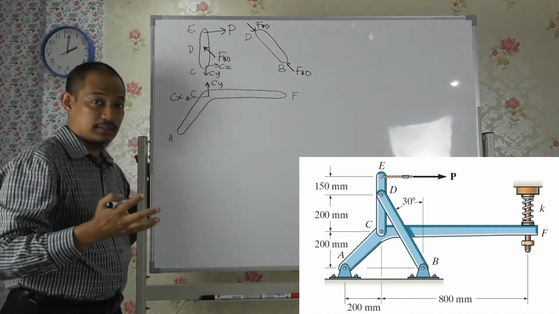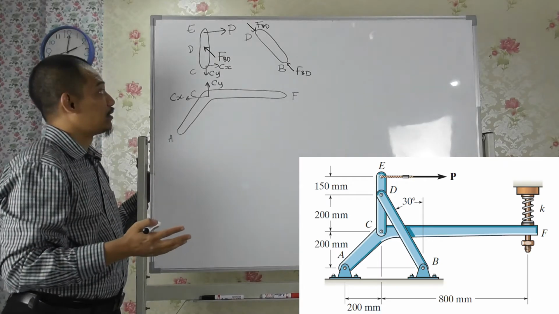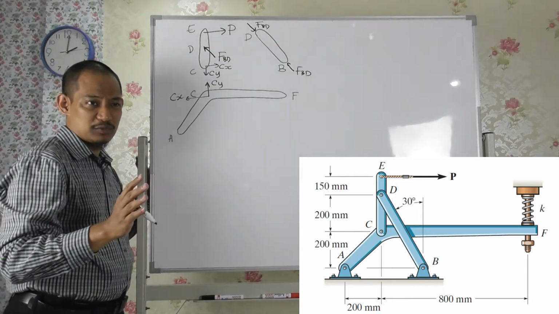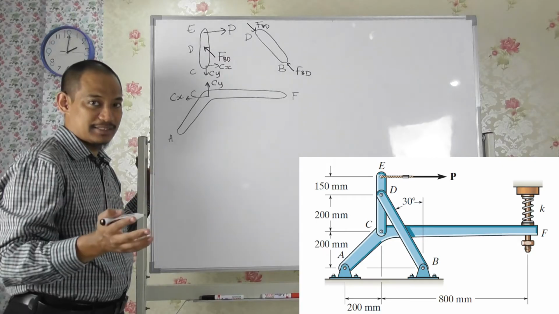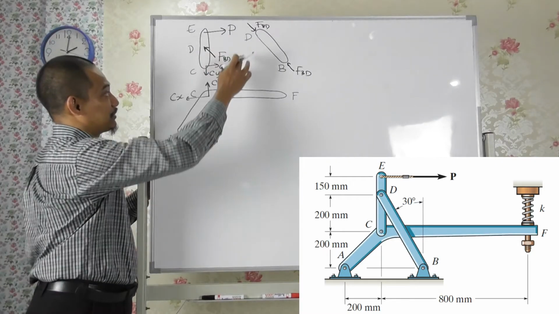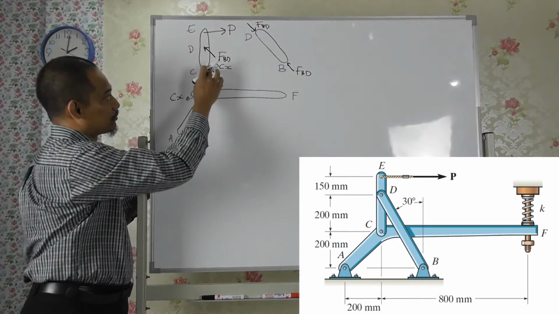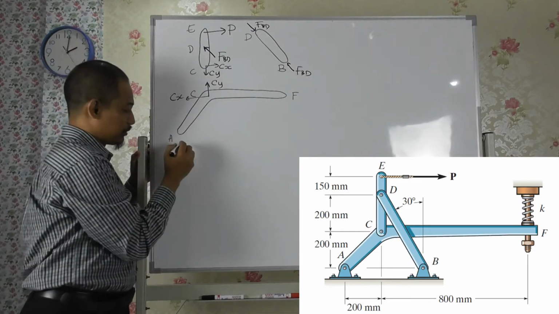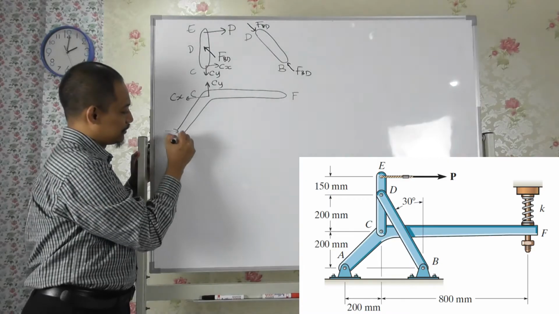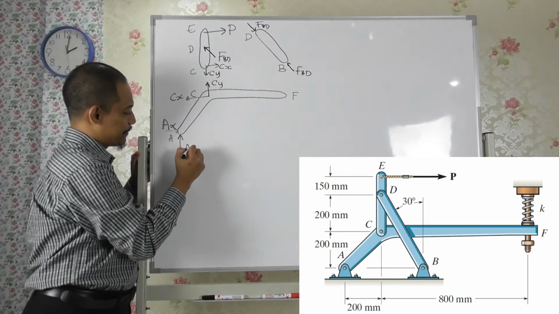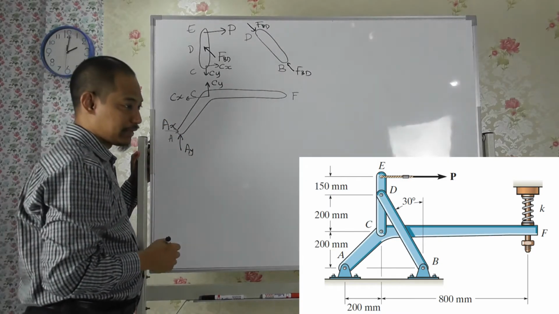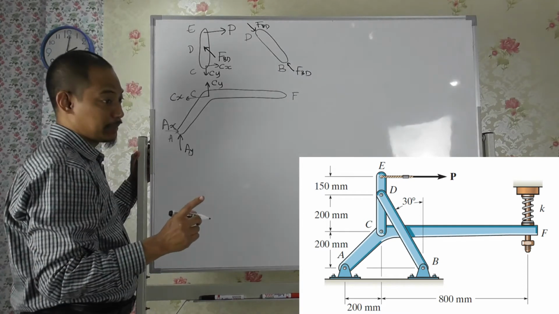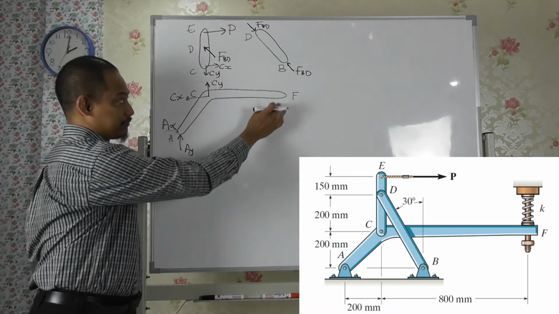Of course, the direction is an assumption, but sometimes you can guess, right? Because for example, if this P is like this, to counter the moment, this should be like that, right? But anyway, you have, let's say here is AX and AY, and then another force is at F.